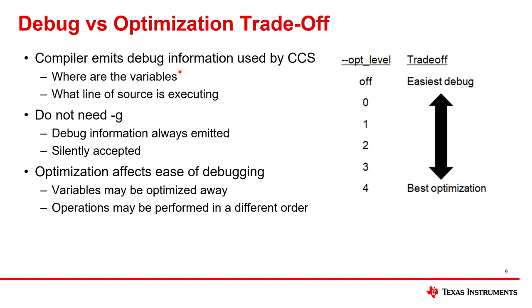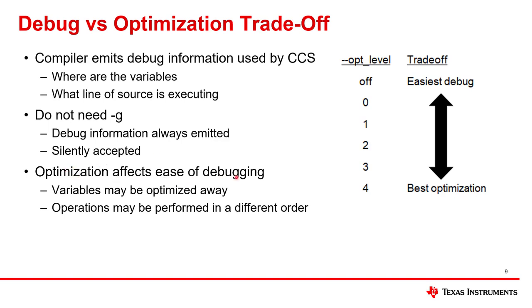It works that out because of the debug information that's in the object file that the compiler put there. You don't need -G to have this happen. Okay, the debug information is always emitted. That said, -G is still silently accepted by the compiler because it is just so commonplace among compilers everywhere that -G means debug.